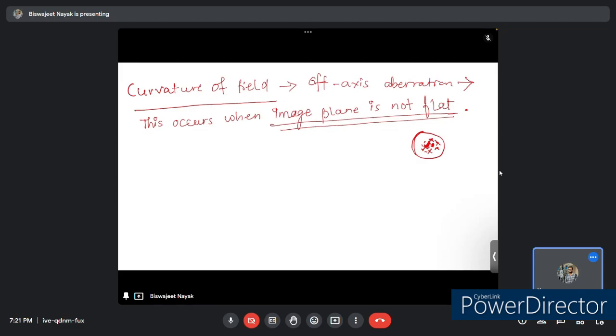So this can be corrected by designing our objective lenses.